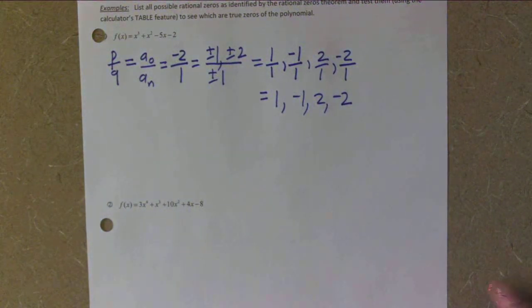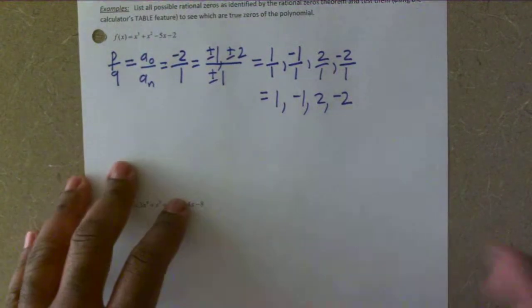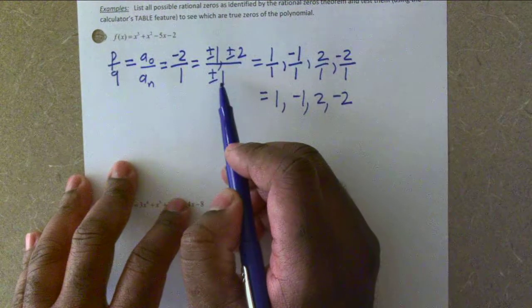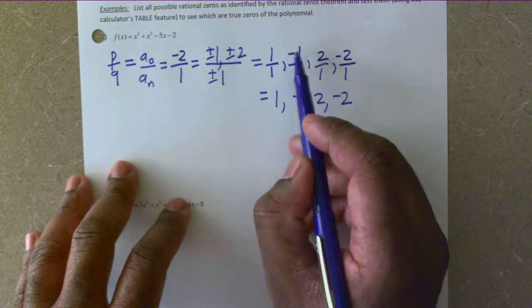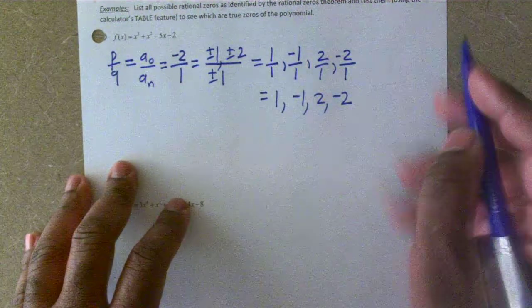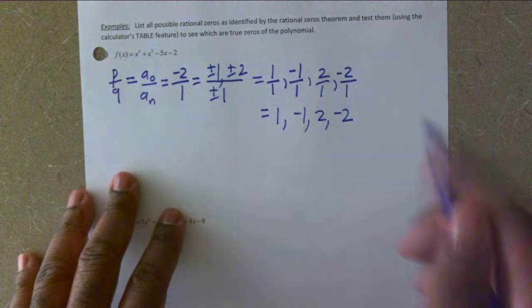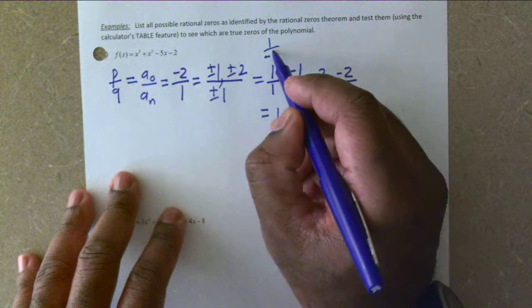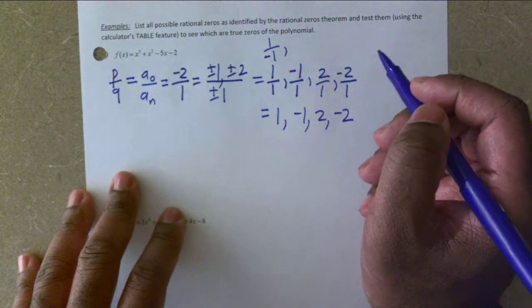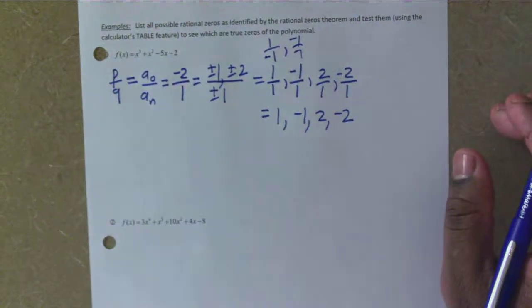Now, off to the side, when I talk to you about repetition, remember this is positive or -1, and this is positive or -1, right? So we did 1 over 1 and -1 over 1. But shouldn't we also, and I'm just going to do this up here, shouldn't we also have done +1 over -1, and then also -1 over -1, right?